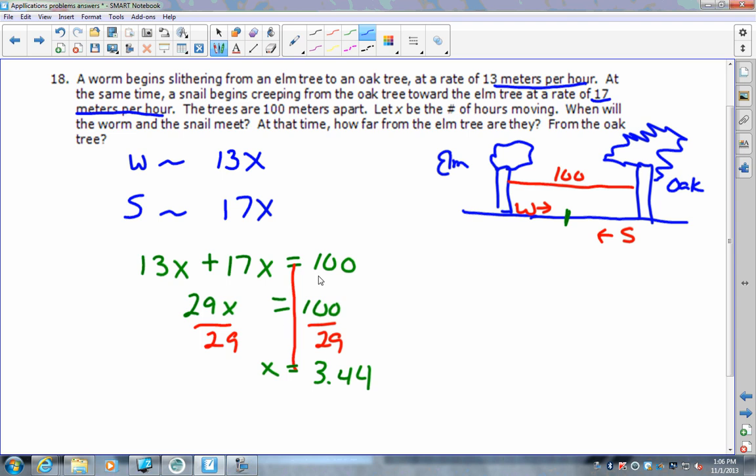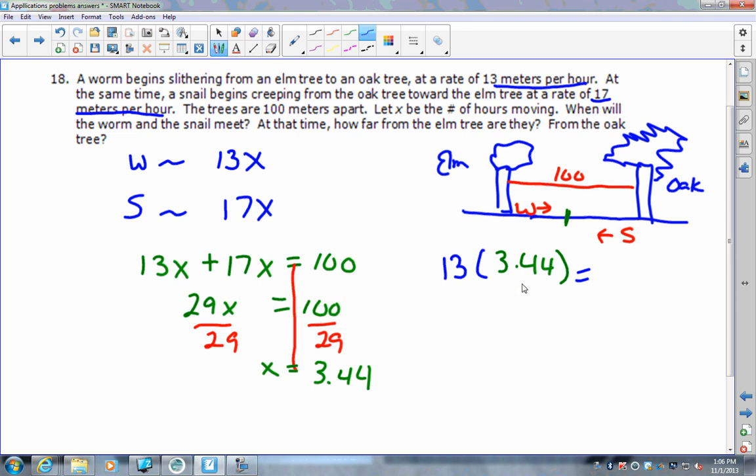So now, the worm is 13 meters times 3.44 hours. So how far is the worm?